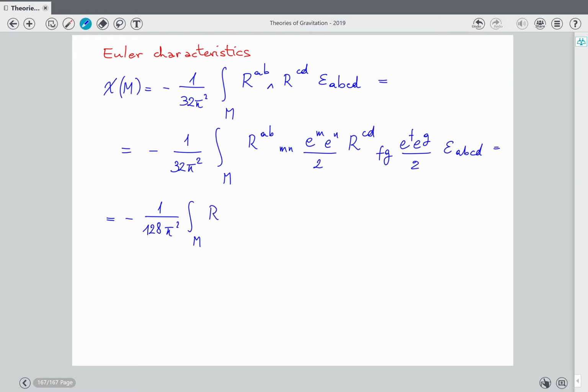So we have R^AB_MN R^CD_FG epsilon^MNFG epsilon_ABCD, the determinant e, and d^4x.